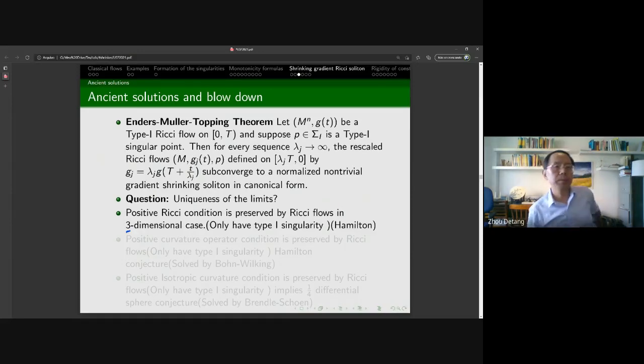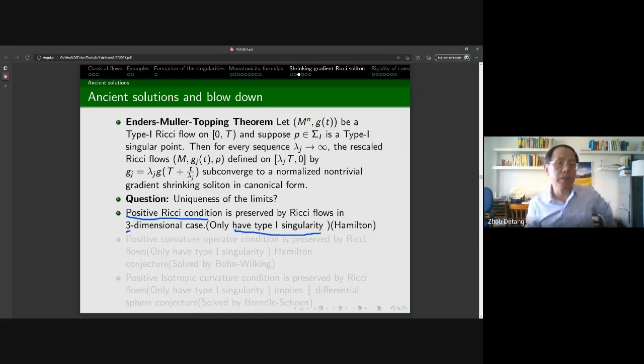Also, we know that positive Ricci curvature is preserved by Ricci flow in the 3-dimensional case. That means you only have type 1 singularity, which was proved by Hamilton, if you assume the positive Ricci condition.